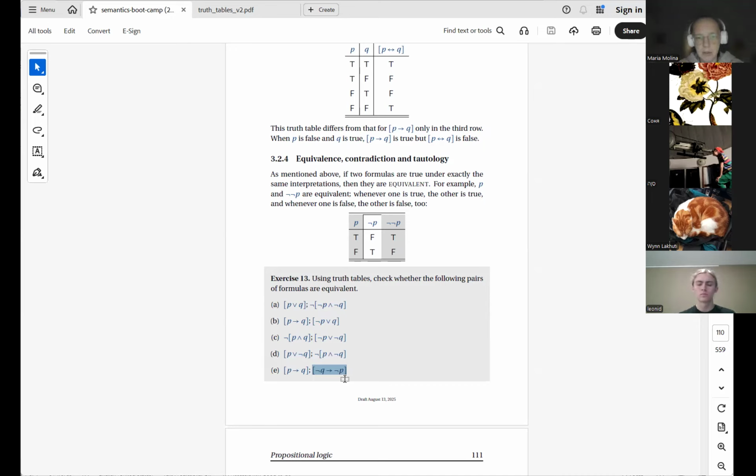If the ground isn't wet, then it didn't rain. If the lawn is dry, then it didn't rain. And this gives us the idea that every conditional is logically equivalent to its contrapositive.